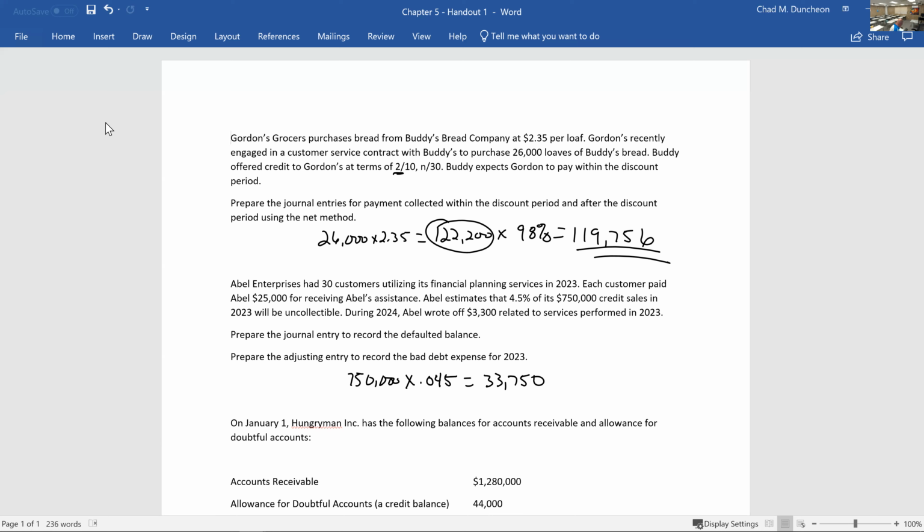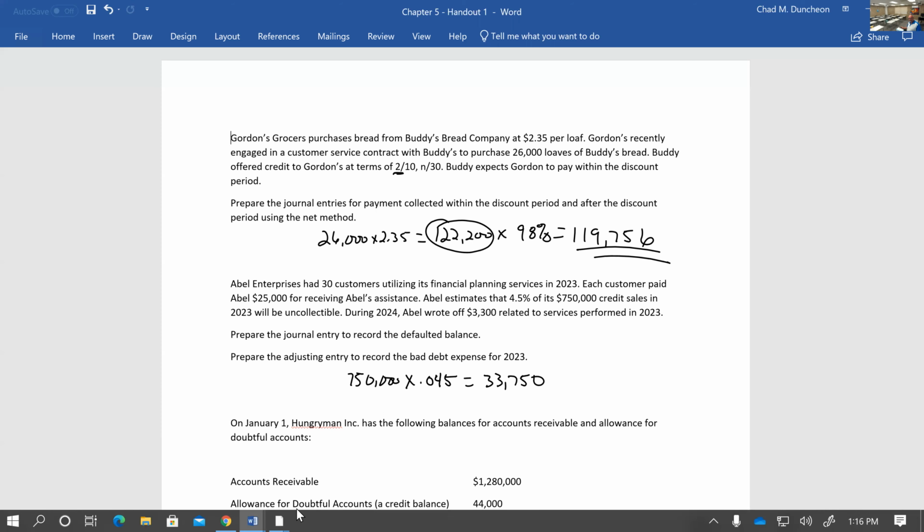It's 33,750. So that number is what we're going to record as our bad debt expense. There is no other calculation. Remember, when we do the aging method, we have to do one extra step.